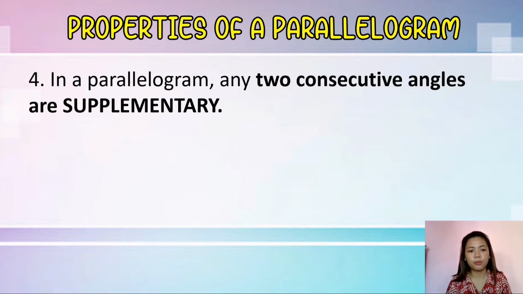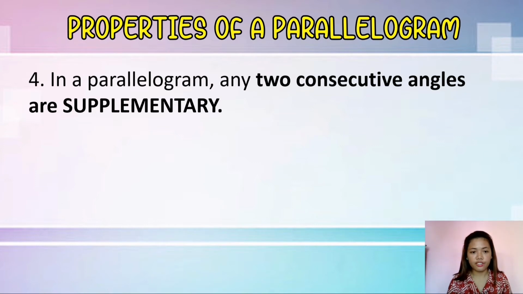So when we say supplementary, those are dealing with angle pairs. So hindi natin matatawag na supplementary ang iisa lang na angle. Magkakaroon ka lang ng supplementary angles kung meron kang dalawang angle or isang pares. And adding up the measurement of those angles is equal to 180 degrees.